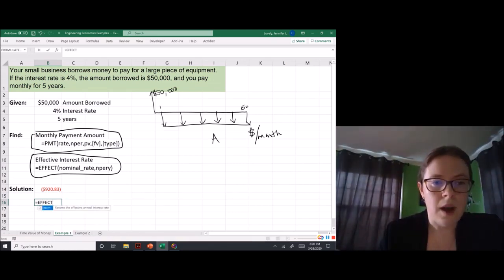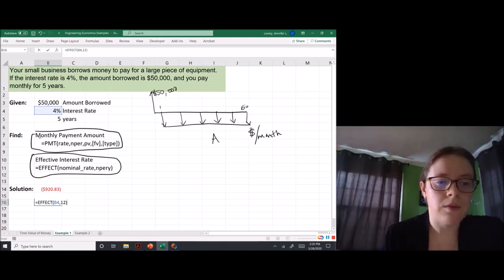The nominal rate is that 4% interest rate value, and then the N periods per year is we have 12 periods that we are calculating the interest. Okay, so I put those values and I end up with 0.0407, which is equal to about 4.07%.